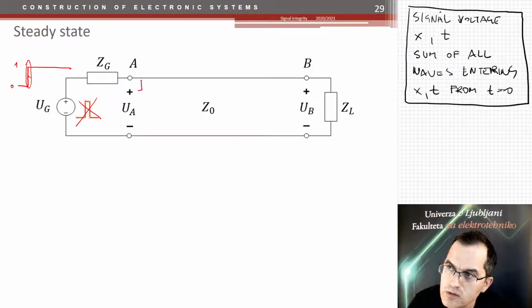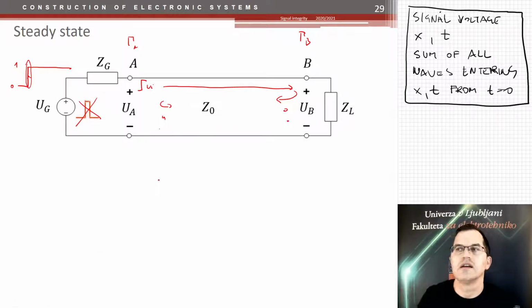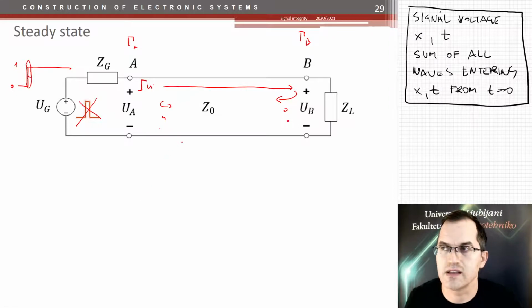Okay, we have initial voltage. It travels there. It reflects part according to the gamma B value. Reflects back. We have gamma A. Reflects back, smaller and smaller, and so on, and then it finishes with the steady state voltage.